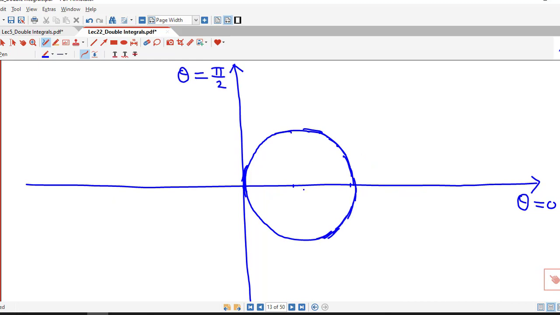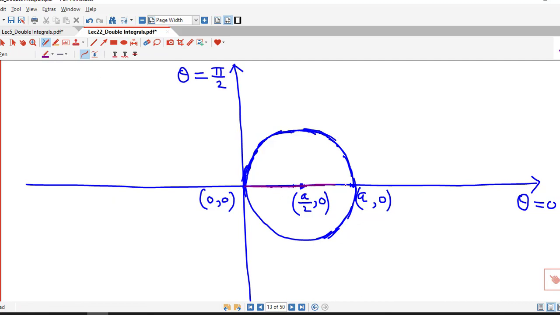So this will work. Suppose this distance is a, so this is going to be a by 2. So this is the center of the circle. This point is ordered pair (a, 0), this is (0, 0), and we have to consider only upper half of the circle. So we are interested in this portion of the circle which is above x axis.